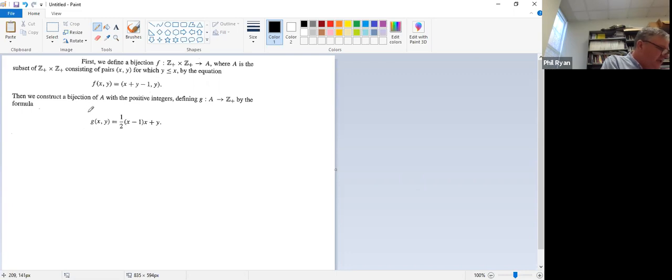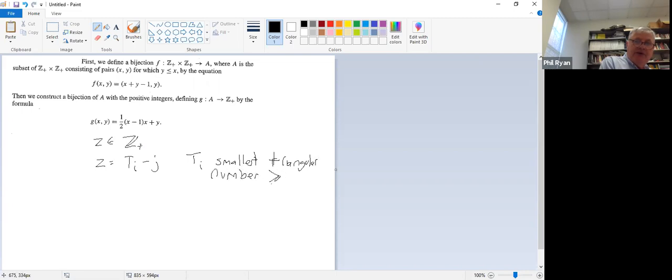G inverse. And so the way that I did that was, okay, if we have Z an element of Z plus, then let Z equal the ith triangular number minus J, where Ti is the smallest triangular number which is greater than or equal to Z. And note that by the definition of triangular numbers, J has to be less than or equal to I. So Ti is a half I times I plus 1.